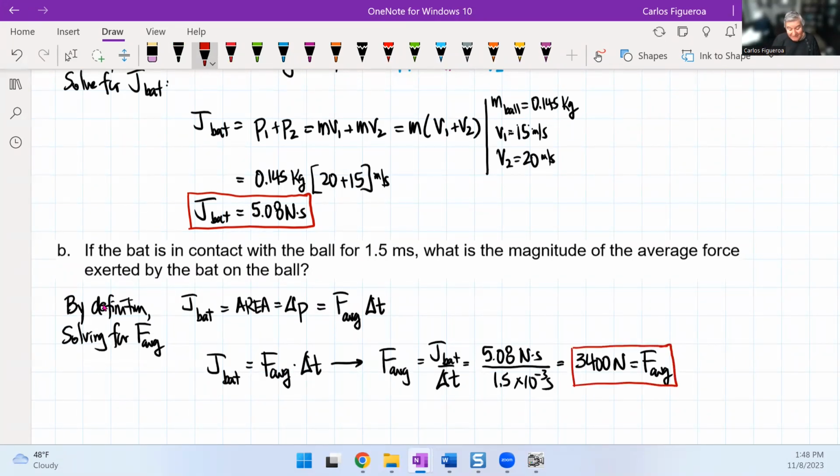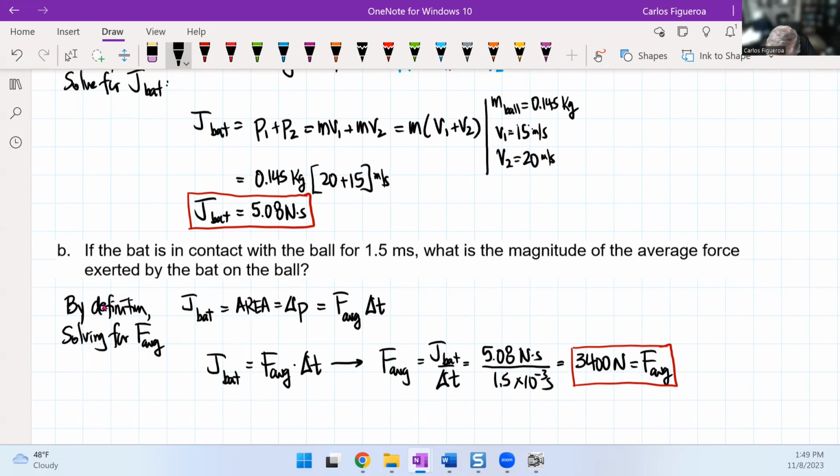And it turns out that that's a huge value, right? Man, that's a huge force. That's a huge, huge force. So if you look at me, I'm about 225. That's like 3.5 times my weight and force.